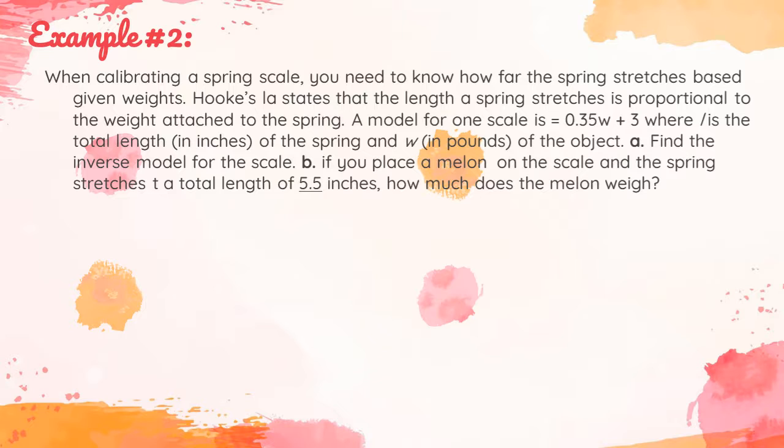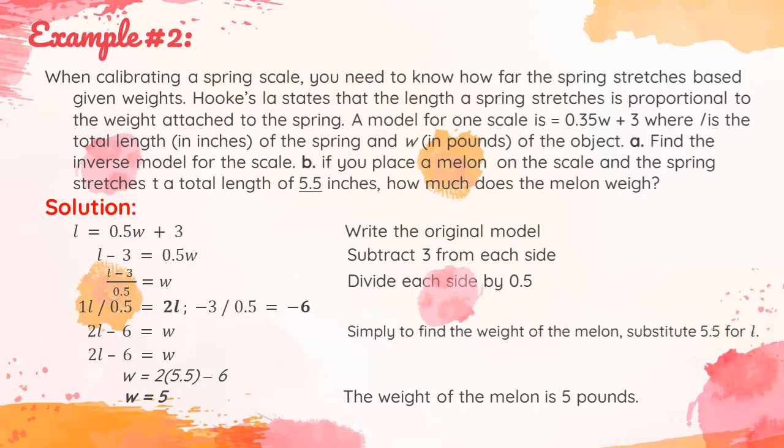Question: find the inverse model for the scale. Another question: if you place a melon on the scale and the spring stretches to a total length of 5.5 inches, how much does the melon weigh? So let's start to solve this simple example.